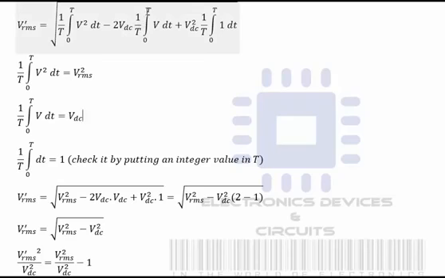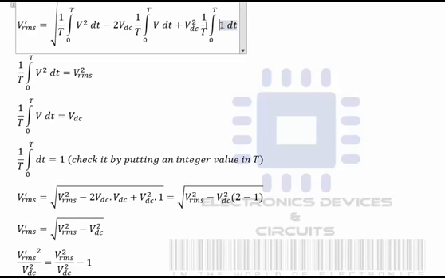The second term, 1 by T integration 0 to T of V dt, is the average, adding all values of V from 0 to T divided by T, which is written as VDC. So we have 2 VDC, and the integration becomes equal to VDC, giving 2 VDC into VDC. The third is VDC square times the integration of 1.